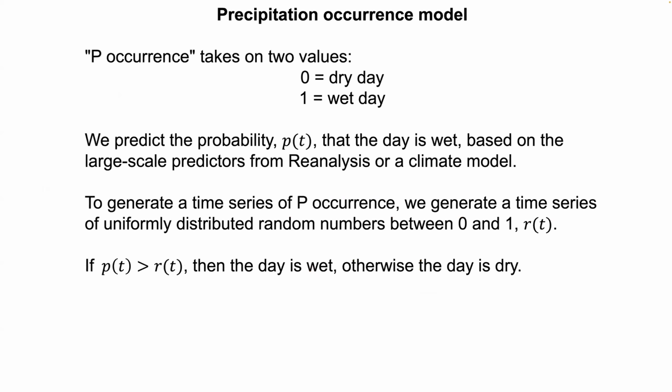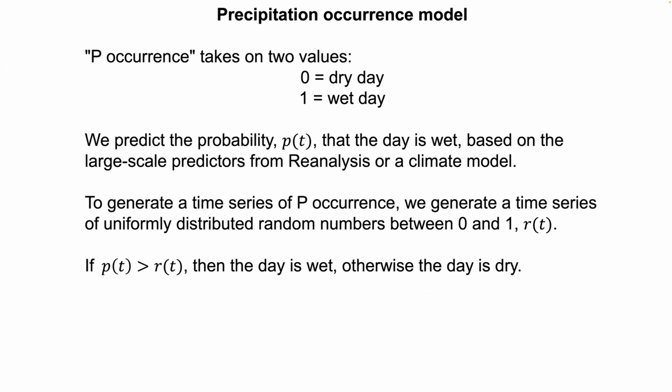So first, the precipitation occurrence model. The precipitation occurrence can take on two values. It's either dry or it's wet. And so the goal is to predict the probability, this P of T, that a certain day is wet. And you do that based on the large scale predictors from either your reanalysis or a climate model.